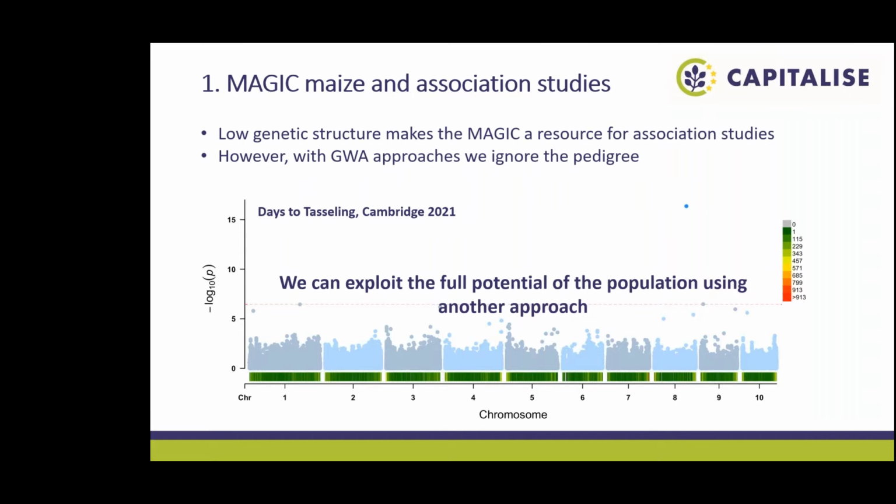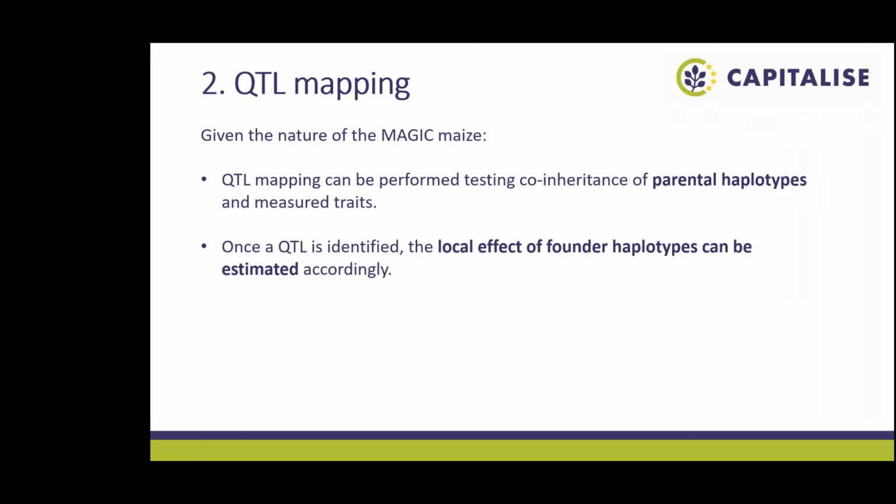So this is the power of this kind of population. We may want to exploit the potential of the MAGIC population using another approach, which is actually QTL mapping. With QTL mapping, we can test the co-inheritance of parental haplotypes. So we are not testing SNPs, biallelic markers, but we want to work with parental haplotypes and test their co-inheritance with the traits we measure.